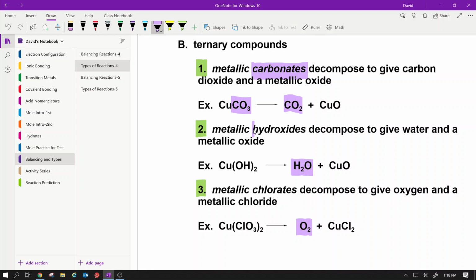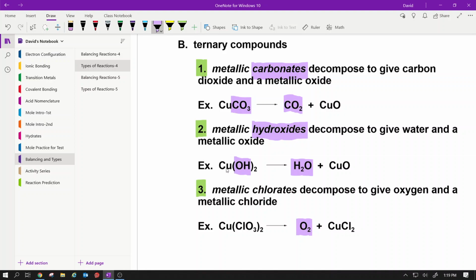What's a hydroxide? Yeah, it's an OH. In this case, it's 2 because we had it bonded with copper 2, and so we needed a pair of -1s to balance the charges. So that hydroxide is actually going to turn into an H2O, which means 2 of those H's will go there, 1 O will go there, and then there's another O left, which ends up bonding to the metal again.